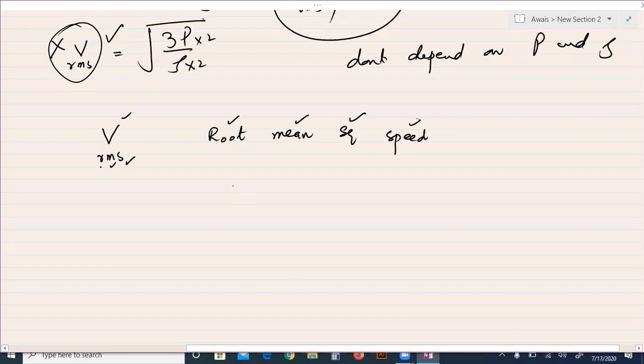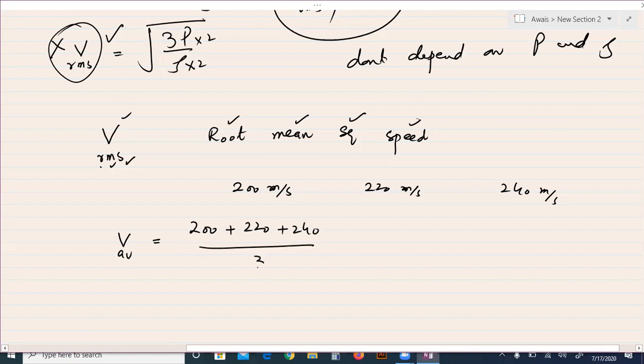Now suppose we have 3 speeds, 200 meter per second, then 220 meter per second, and then 240 meter per second. If the question is calculate average speed, then the simple math, 200 plus 220 plus 240 divided by 3. So the answer will be 220 meter per second.